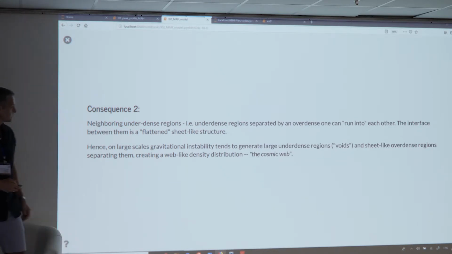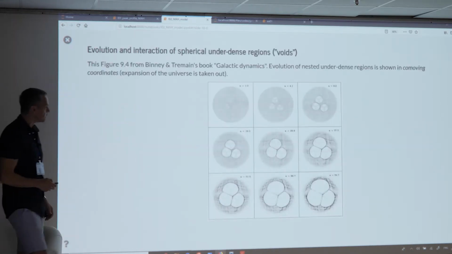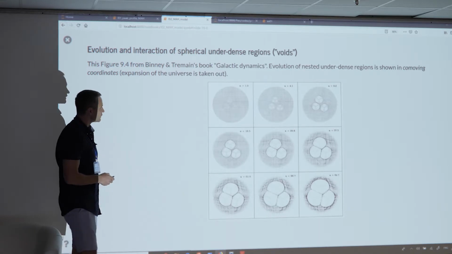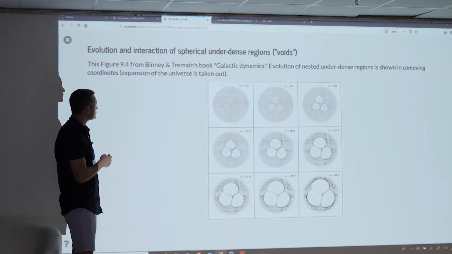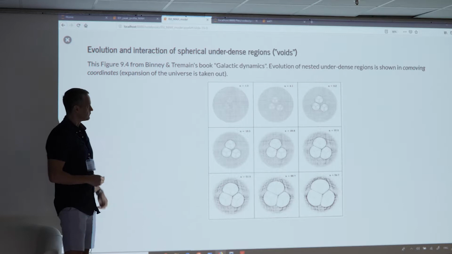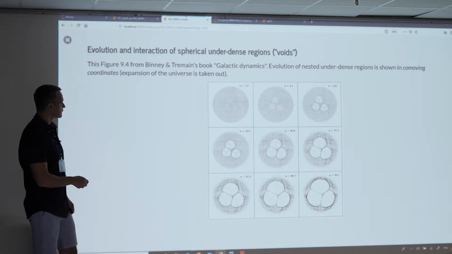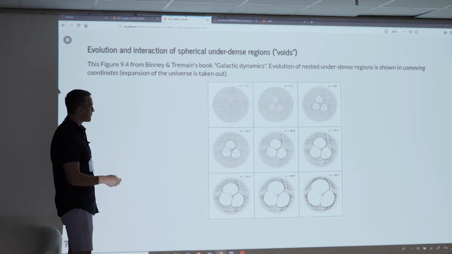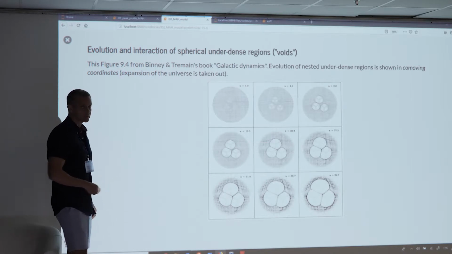boundary between them. You can see this very clearly in this picture from the Binney and Tremaine galactic dynamics book, from a paper where a spherical distribution of particles was set up in an expanding universe. The distribution is expanding within a given cosmology, I think an omega-1 cosmology, but the expansion is taken out, so the evolution is shown in comoving units.